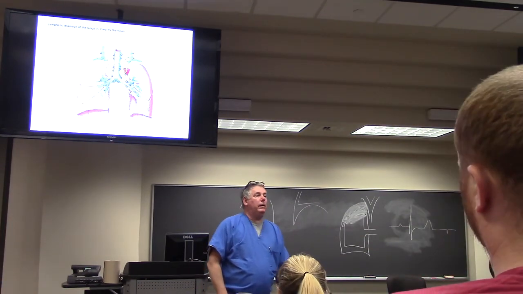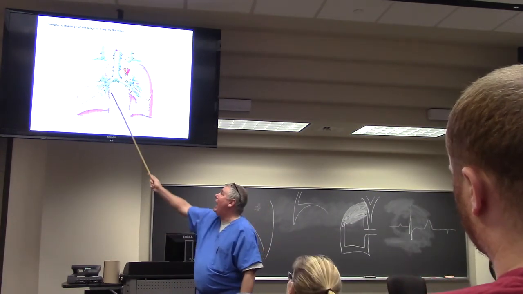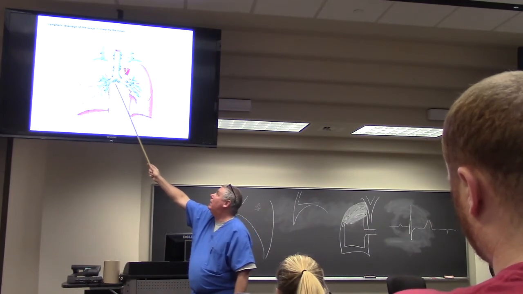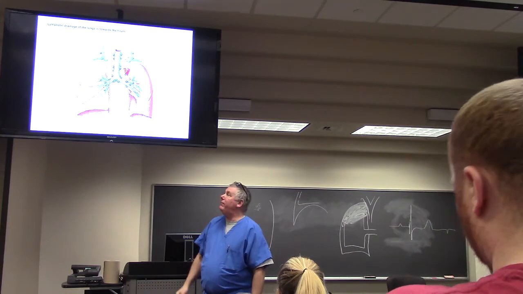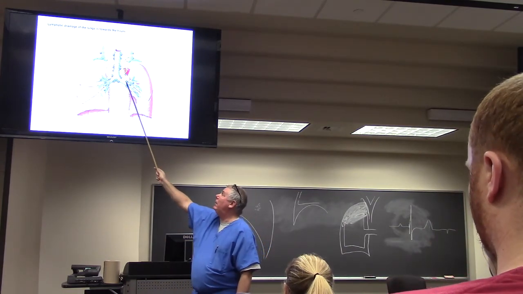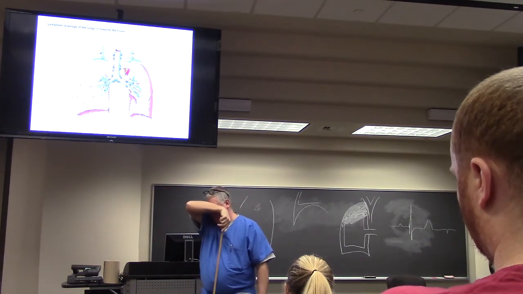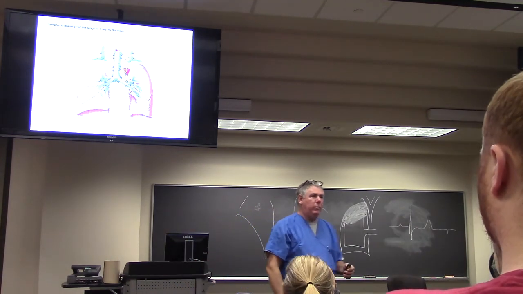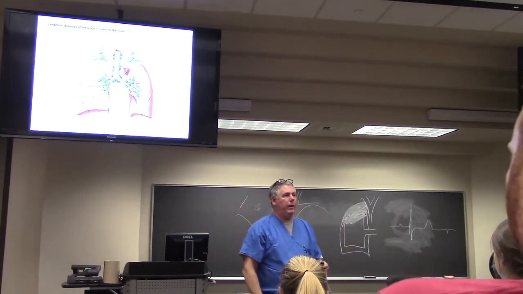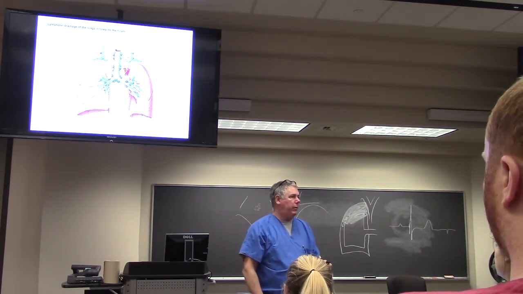The lymphatics of the lungs flow towards the hilum, and you're going to be dealing with lymph from the lungs on every chest x-ray you take. There are going to be hundreds of them your clinical year.